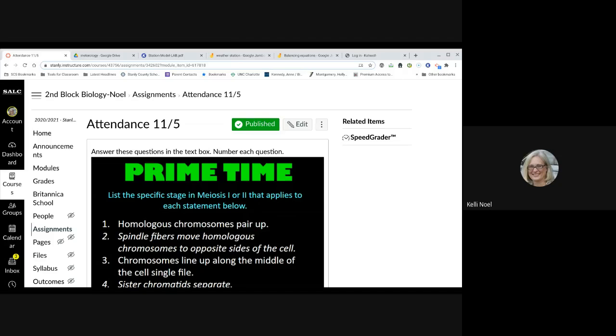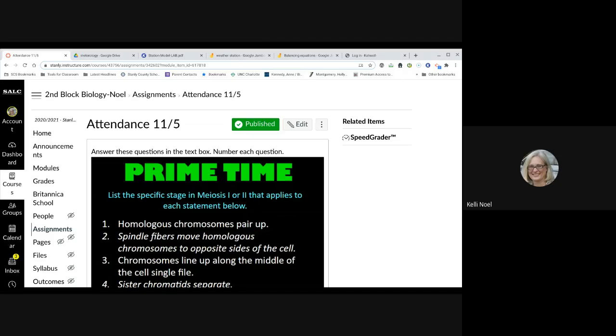All right, so it's going to go through these phases twice. So you've got prophase 1, metaphase 1, anaphase 1, telophase 1. Then you got prophase 2, metaphase 2, anaphase 2, telophase 2. And you end up with 4 cells.